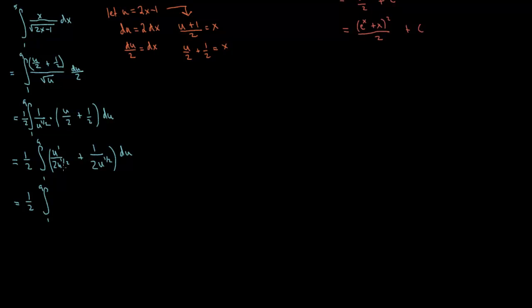So 1 minus 1/2 results in 1/2 times u to the 1/2 power, plus 1/2 times u to the negative 1/2 power, if we bring that exponent up into the numerator.